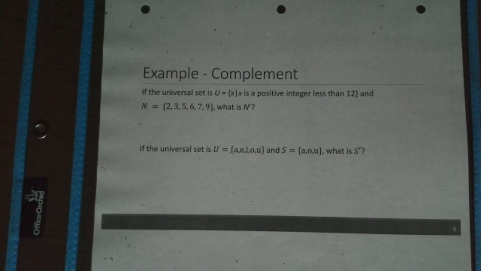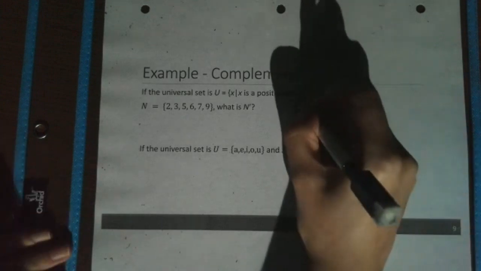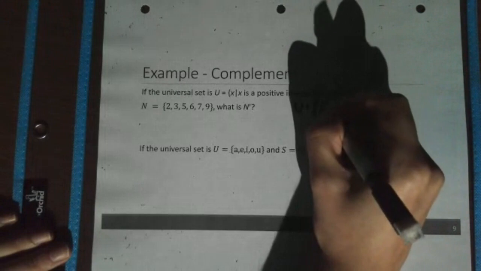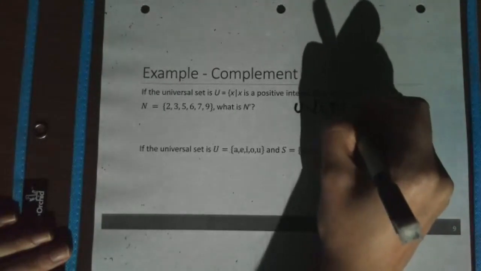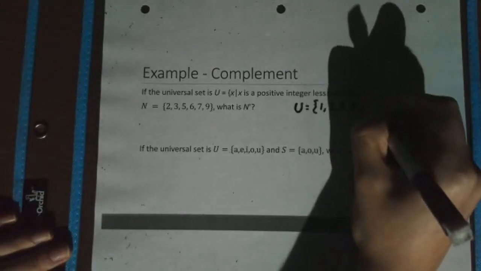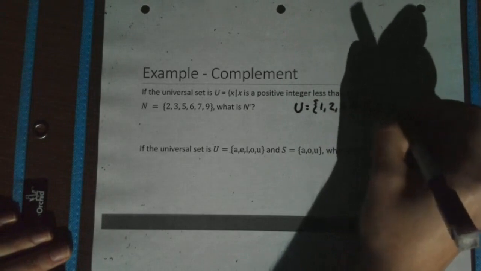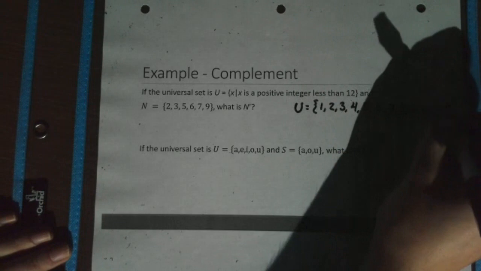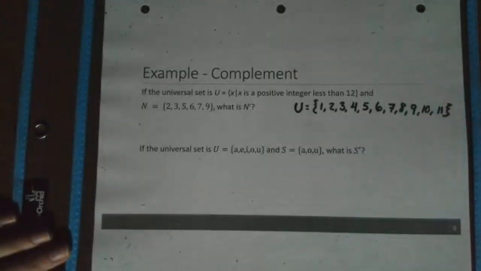I'm going to start by writing out U, the universal set, in roster notation so that I can see what all is contained within U. So U is going to be all the positive integers less than 12. So that would contain 1, 2, 3, 4, 5, 6, 7, 8, 9, 10, and 11, because it said less than 12, so we don't get to include 12.